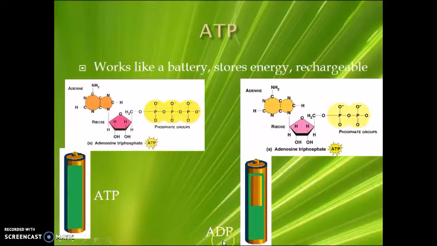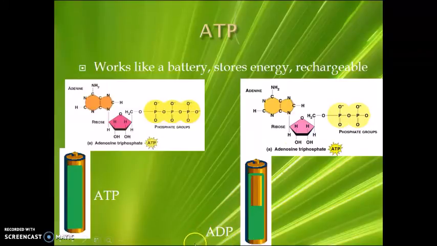It's called ADP, because what happens when you break that bond between phosphates 2 and 3, you're releasing the energy. You're killing the battery. And when you break that bond, well, now you don't have 3 phosphates anymore. So now you can't call it a triphosphate because now there's only 2 phosphates. And what is one of the prefixes for 2? Hopefully you said di, because now it's adenosine diphosphate, ADP.